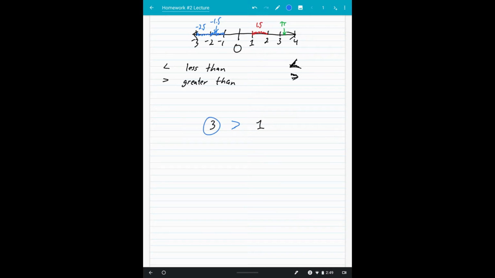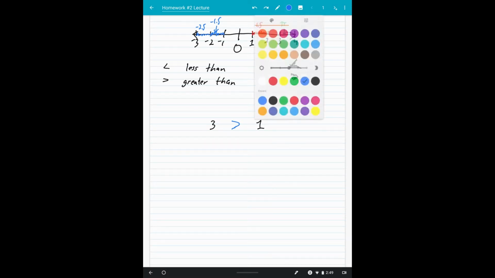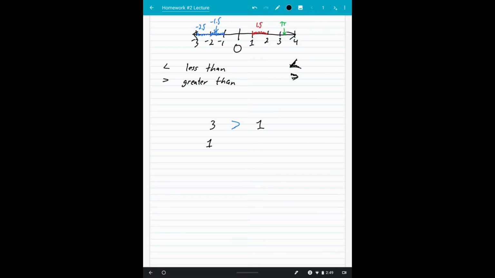If I switch the numbers around, and put 1 and 3, the same exact numbers, our symbol also flips around. We say less than. 3 is greater than 1. 1 is less than 3. It depends on which way you write it. The symbol can change, but notice it's always opening up to the larger number or pointing to the smaller number.